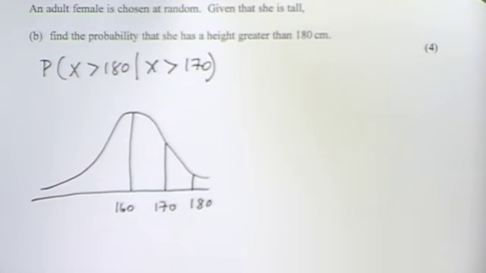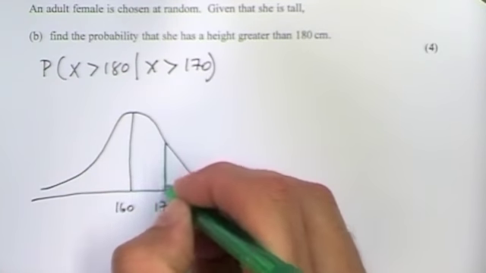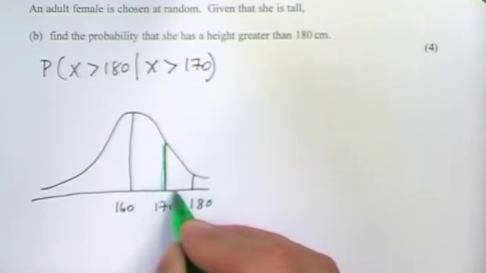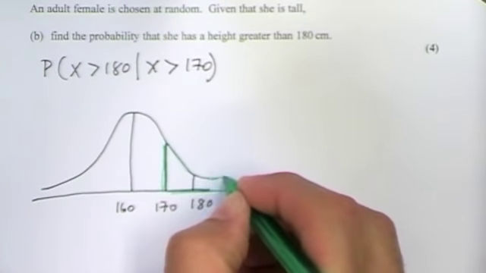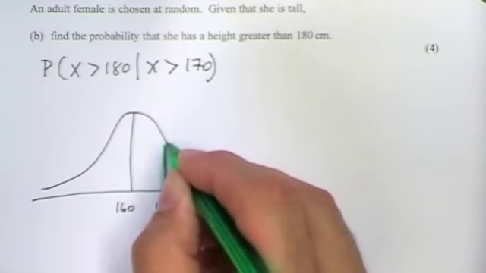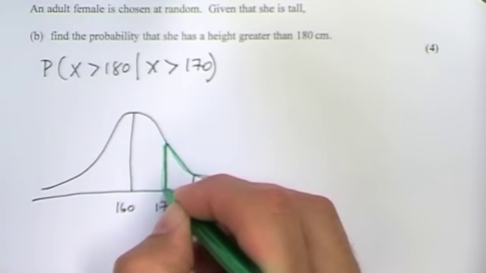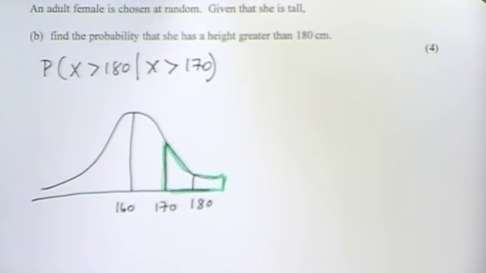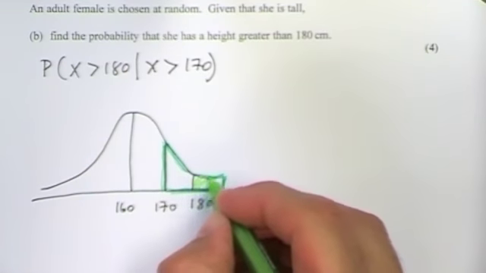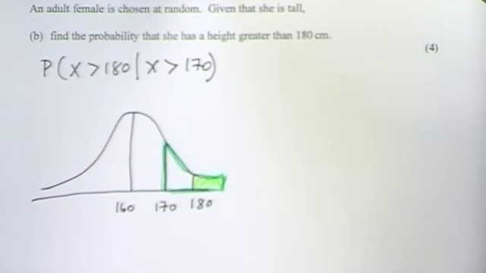So the first thing we know is this area here, given she's tall, so her probability, this one has already been worked out in there. So she is in that area there. And we want to know what is the probability of that.